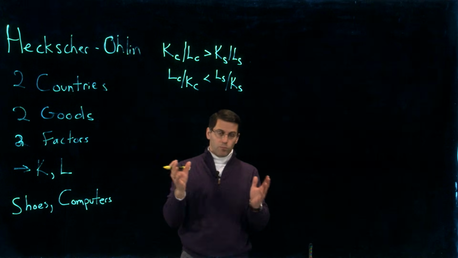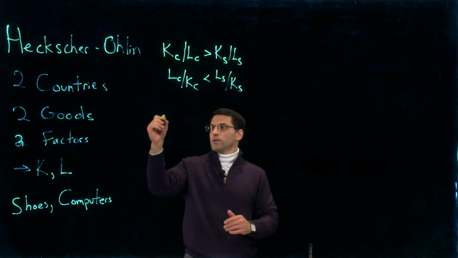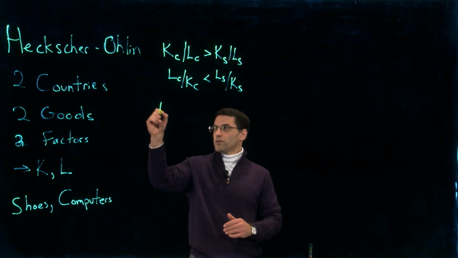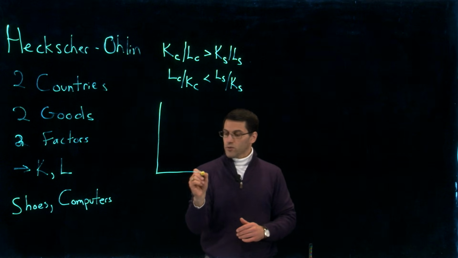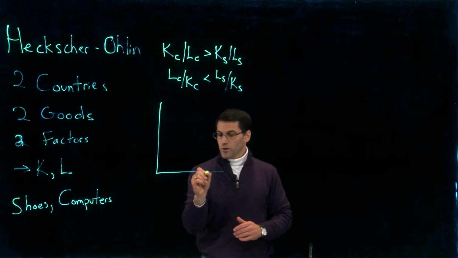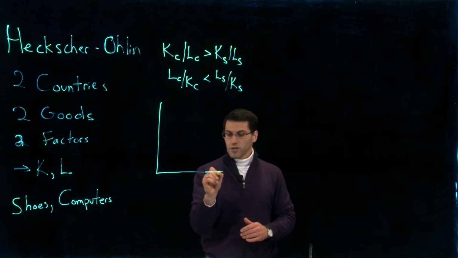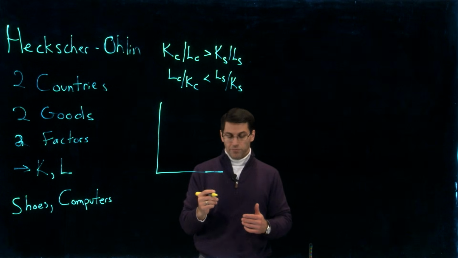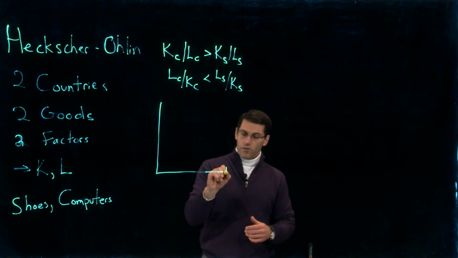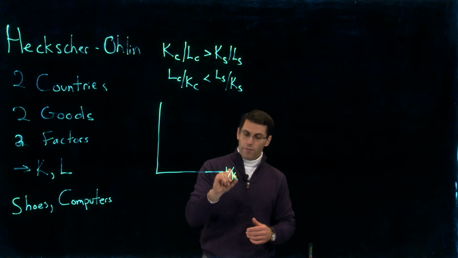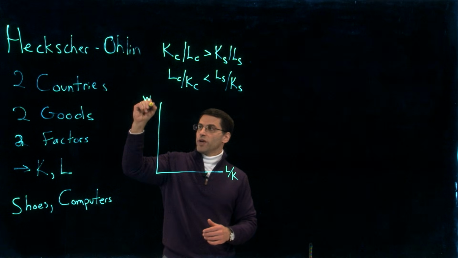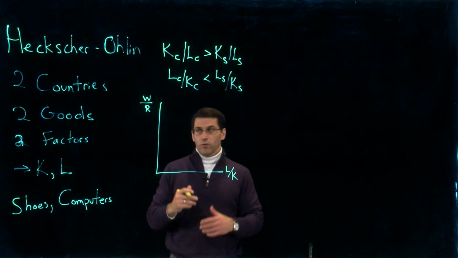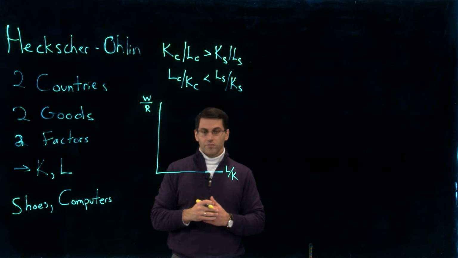Now, graphically, we can illustrate that with the following. And we're going to make use of this graph a little later on when we're showing what happens to the wage to rental rate ratio. So down here we have the labor to capital ratio that's employed, and our y-axis will be the wage to rental rate. Okay, so R is the rental rate for capital, W is the wage for labor.